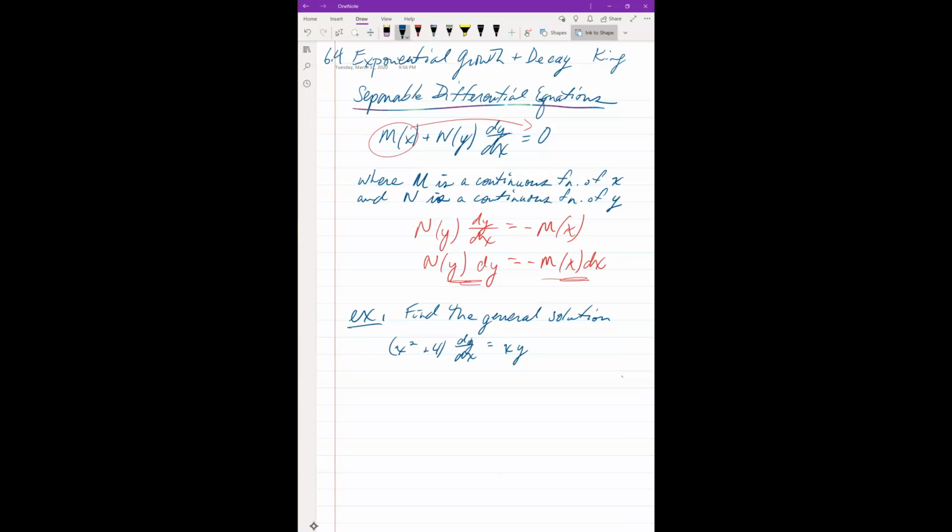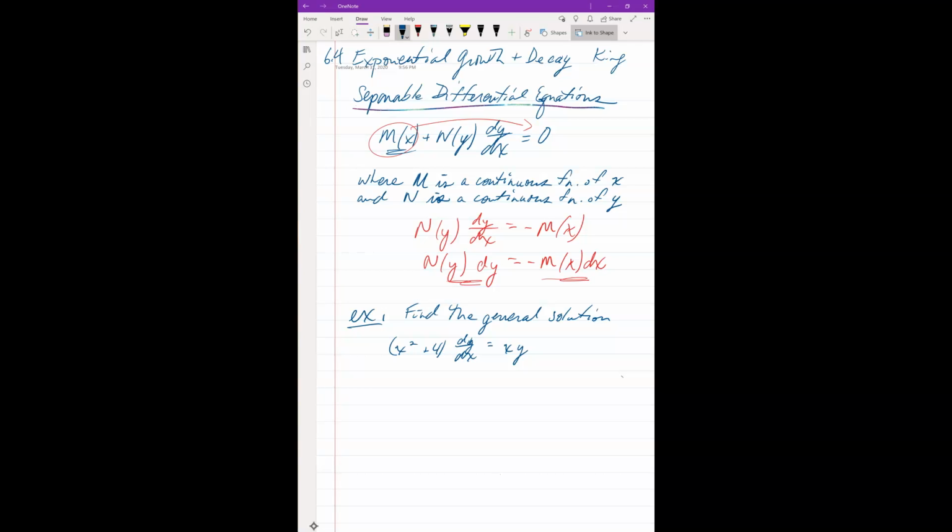Find the general solution of this separable differential equation. The x squared plus 4, we can see here, is a function M of x. On the right side, it's written in a way where we don't see it quite the same way. But let's go through this and you'll see that this is a separable differential equation.